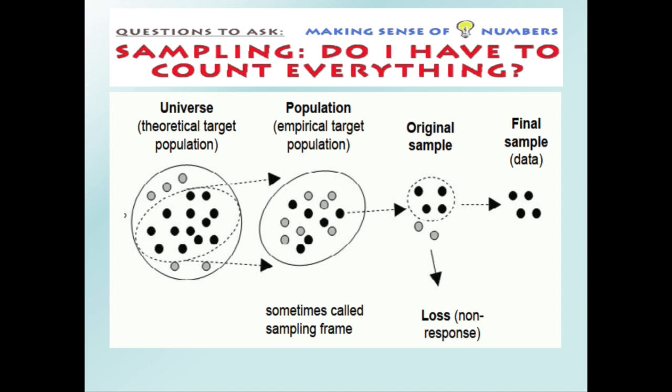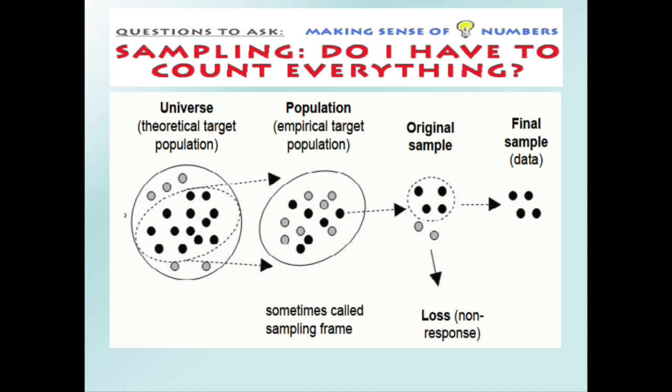And sometimes this target population in some disciplines is referred to as the sampling frame. Sociologists a lot of times refer to the sampling frame. So the sampling frame is that target population within the universe of everyone that we want to infer or generalize our findings to. But we've defined some parameters of that population. Well, then it's from that target population or sampling frame from which we draw our samples.